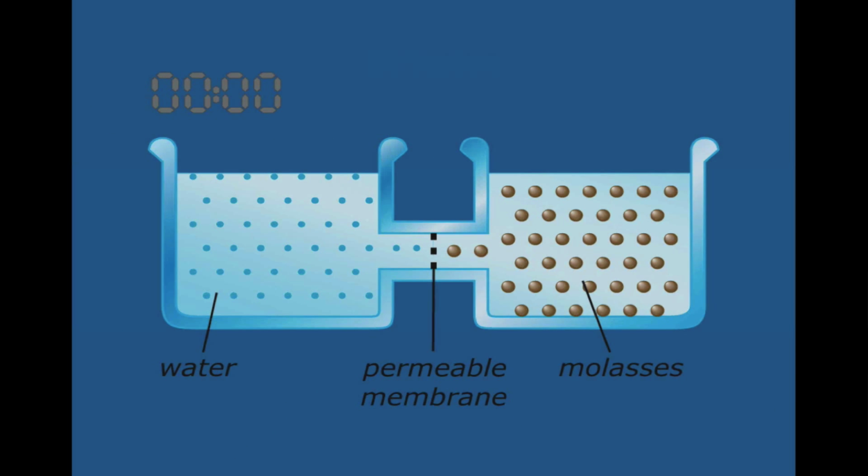So here's another example of diffusion in action. In this setup, on the left side we have water, and on the right side we have molasses, and in the middle we have what's called a permeable membrane. So permeable refers to a barrier that allows the passage of molecules.